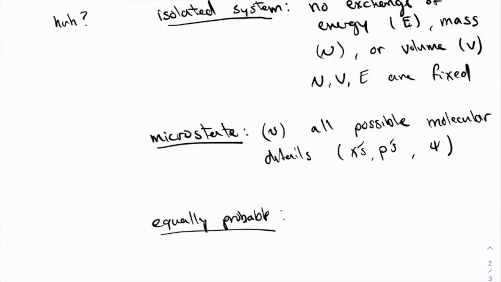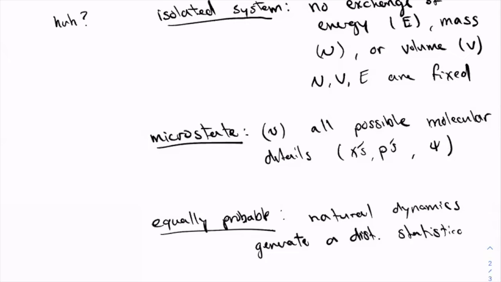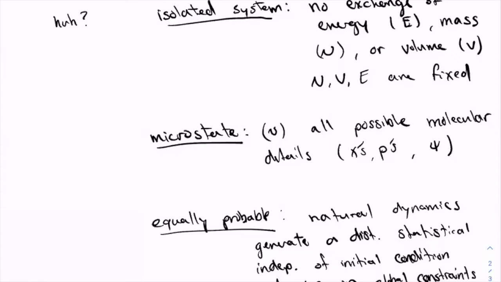It means that the natural dynamics generate a distribution that is statistical and independent of its initial condition, but dependent on global constraints. Global constraints of having the energy, volume, and number of particles fixed.